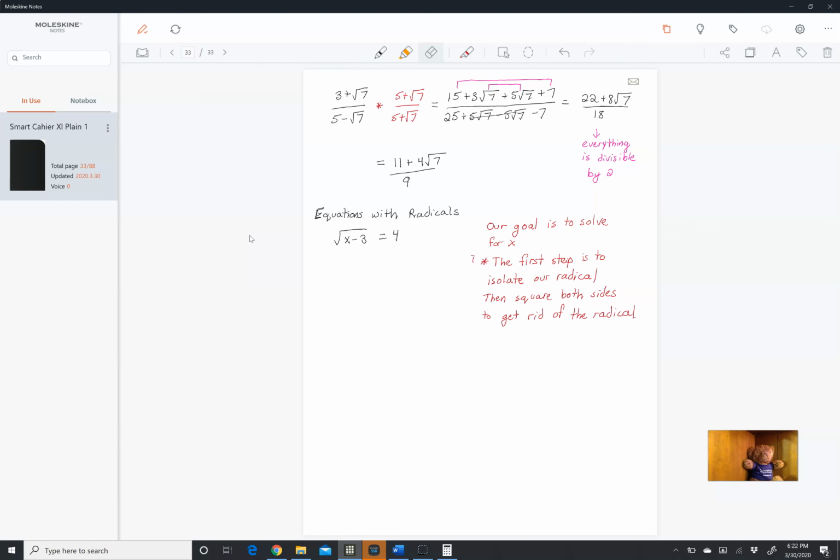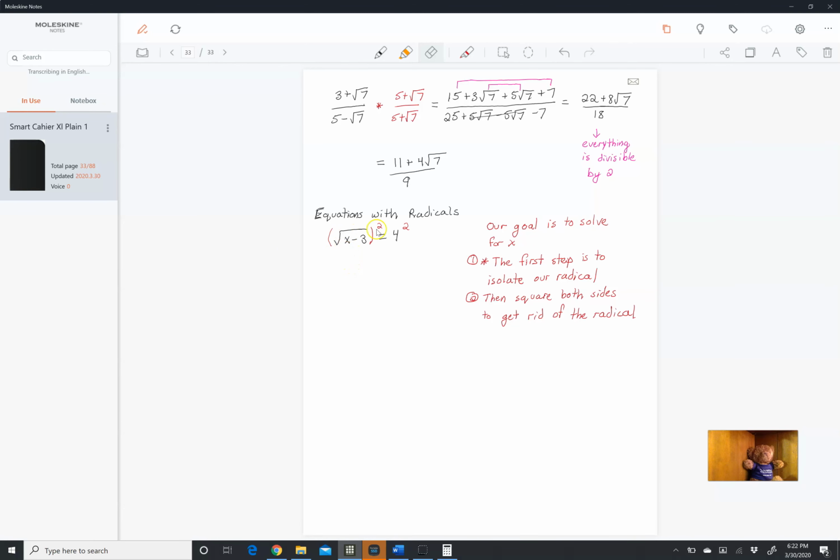This is our step 1. This is our step 2. So let's do that. Let's square both sides. Okay, and we know before that something like the square root of 5 times the square root of 5, or the square root of 5 squared, is 5. Same thing is true here.